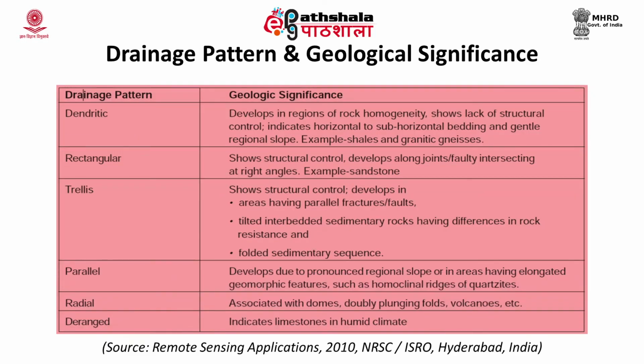If you look at the drainage pattern, as we have discussed before, in the terrain element, based on the different drainage types, you can get different information about that area.